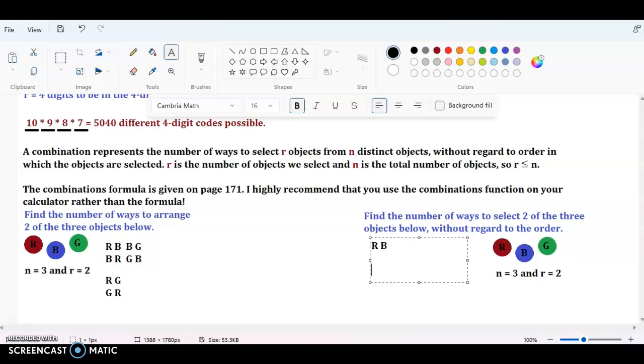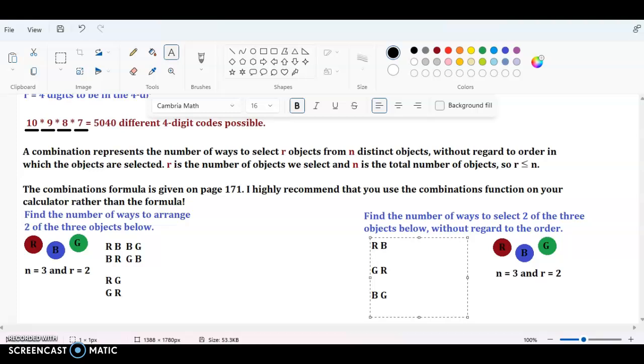Likewise, I can select the green and the red objects. But I do not need to consider the possibility of selecting red first, followed by green. Even though these are different arrangements of these two objects, both contain the green and the red objects. Likewise, the two remaining objects are blue and green. And again, because I'm just selecting them without regard to the order, I do not need to count the possibility of selecting green followed by blue.